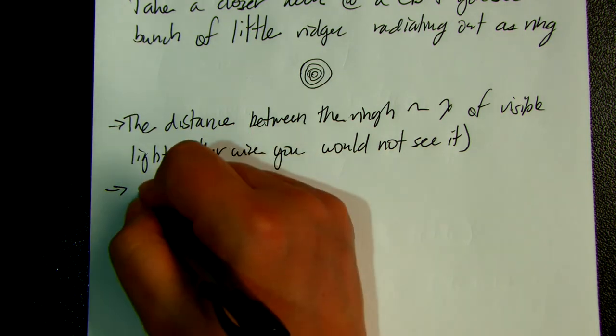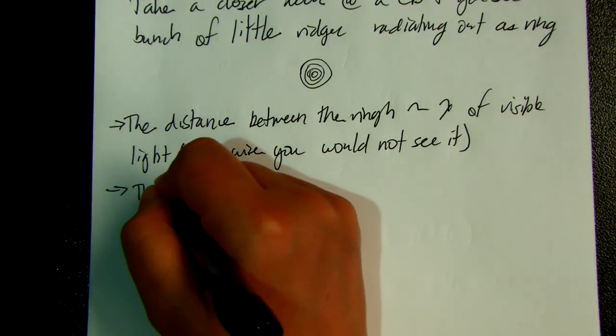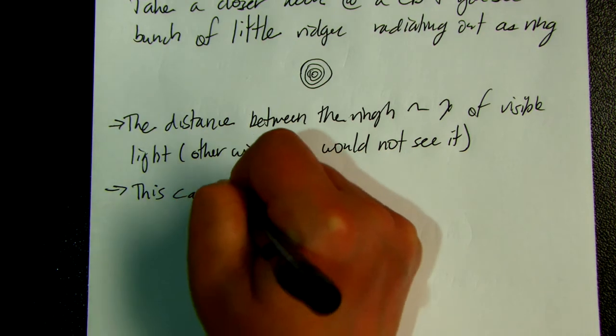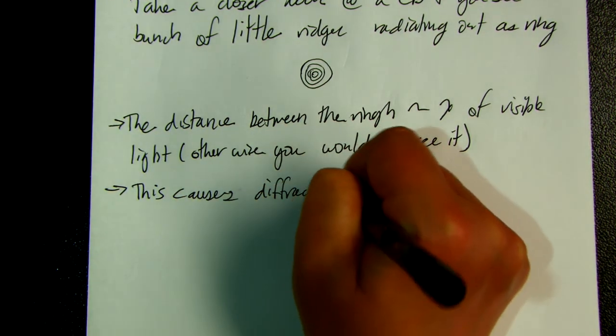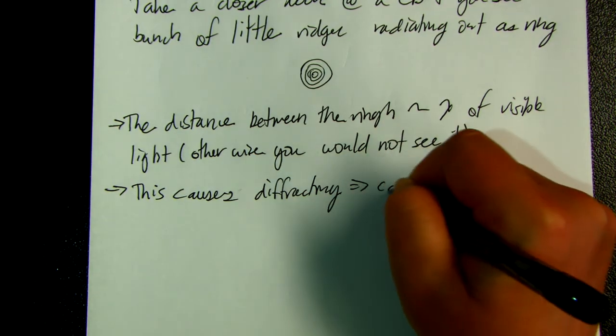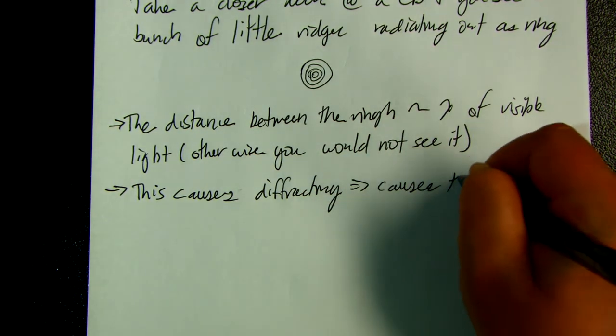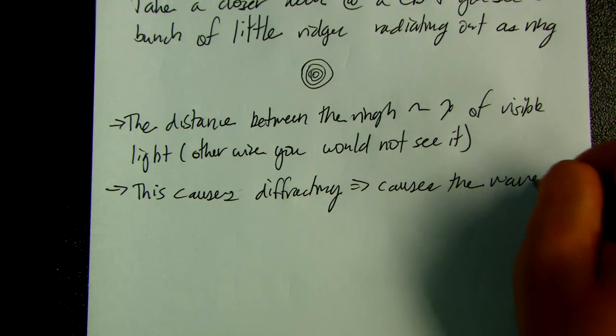So these ridges cause diffraction, which then causes the waves to interfere with each other.